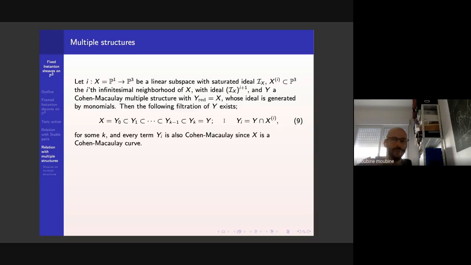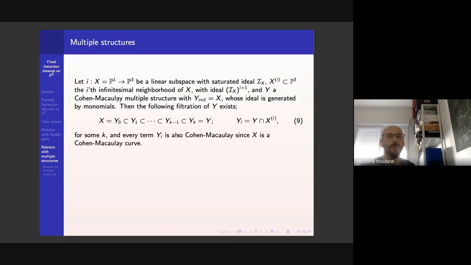Most of the material that I will present here comes from the papers of these authors I was mentioning. Also I would like to say that in many cases I'm writing P1, but the results are general for smooth curves as simple structure.